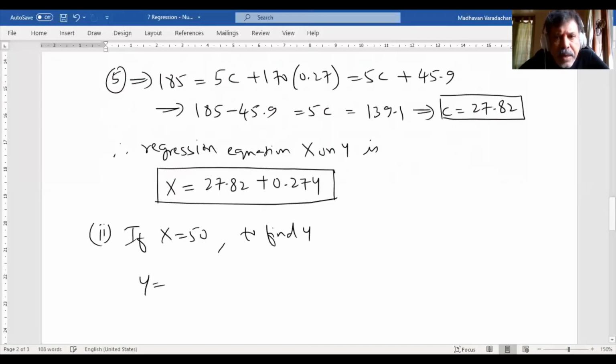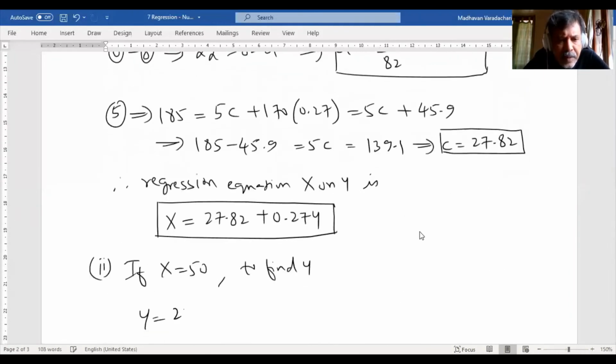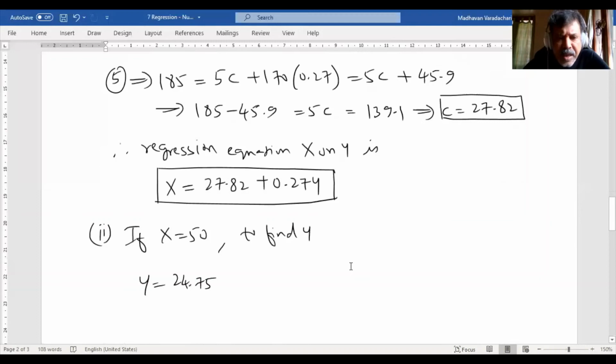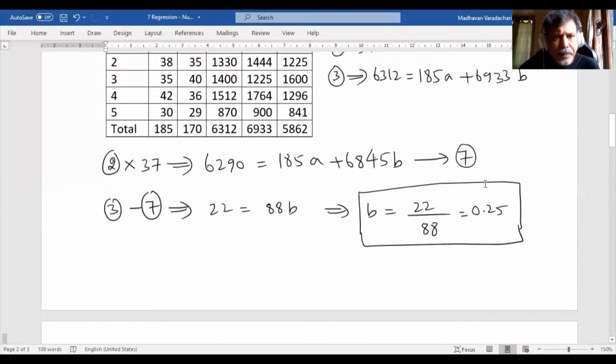We write that equation, which is y equals 24.75 plus 0.25 times x, which will be 24.75 plus 0.25 times 50. So let's calculate that. 0.25 into 50 plus 24.75 means our y value becomes 37.25.